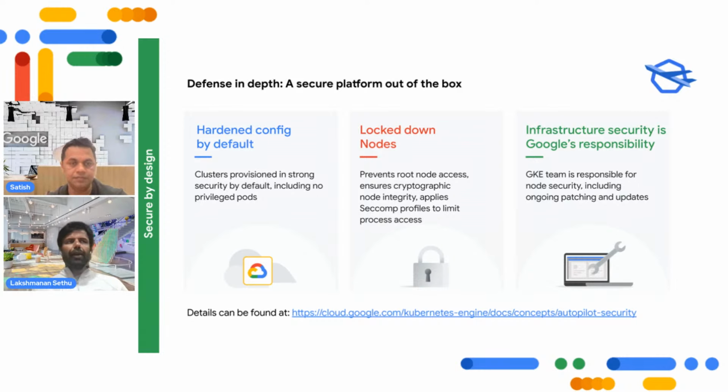You cannot have access to the guest OS host processes, host namespaces, and privileged containers, some kind of privilege that can modify the operating system or root of the operating system on its own. So privileged containers are disabled by Autopilot by default, and there are a lot of Linux capabilities as well which are taken care of by Autopilot.